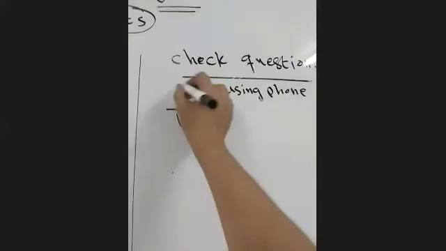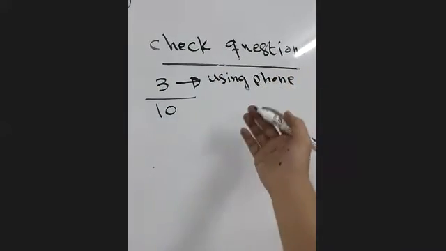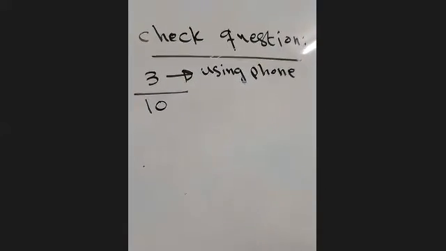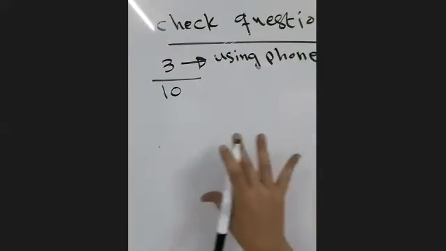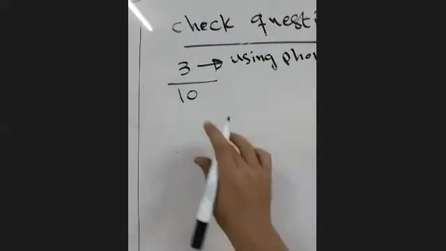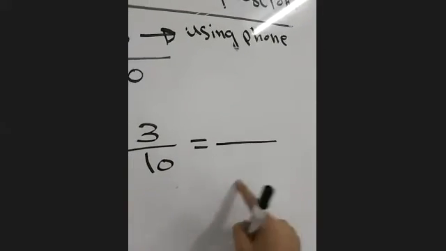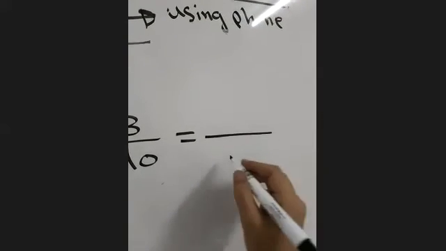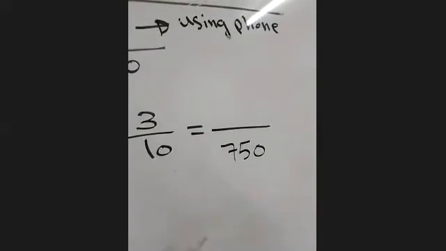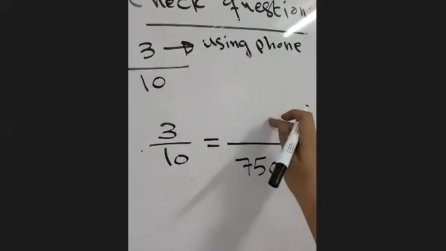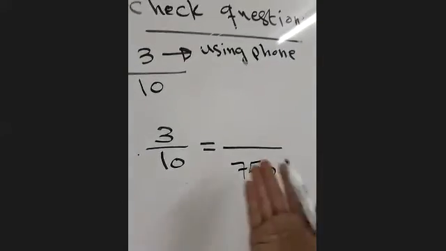So the question asks about using a phone, and the other number, 750, should be the whole. Now look how I will write my fractions. We said 3 of 10, I write it down. I put my equal, and here the whole is 750.